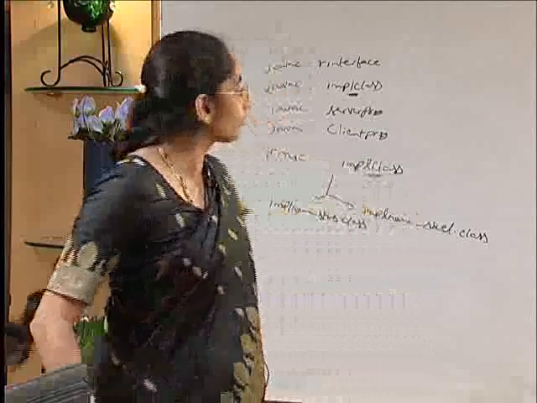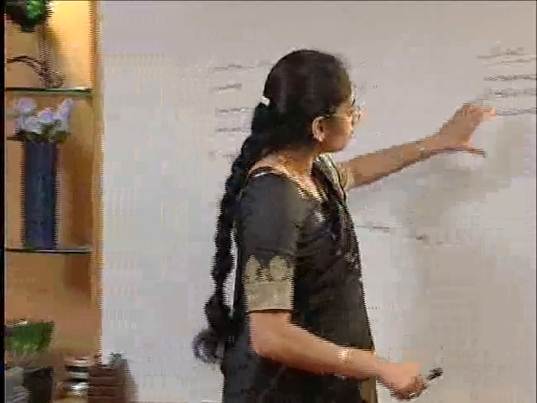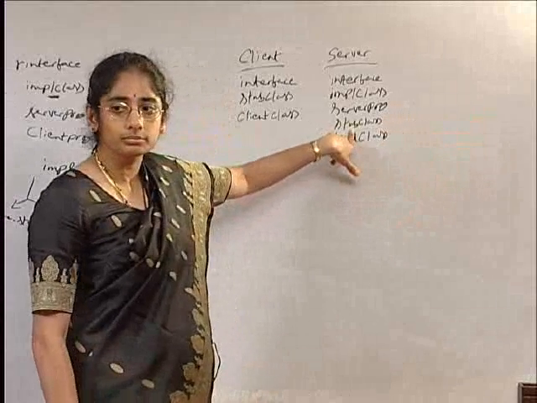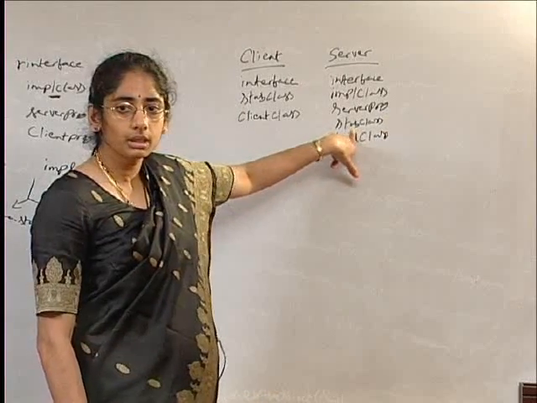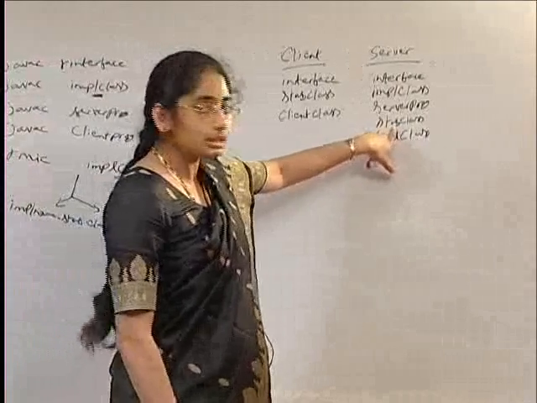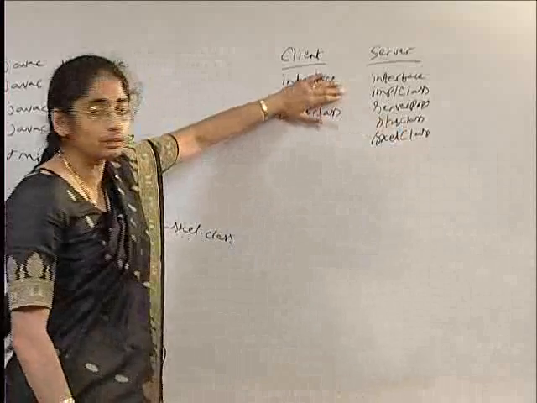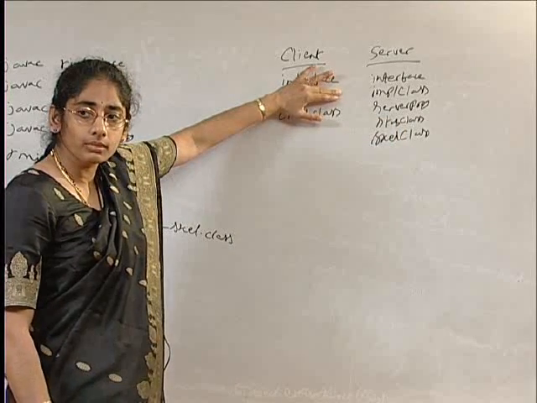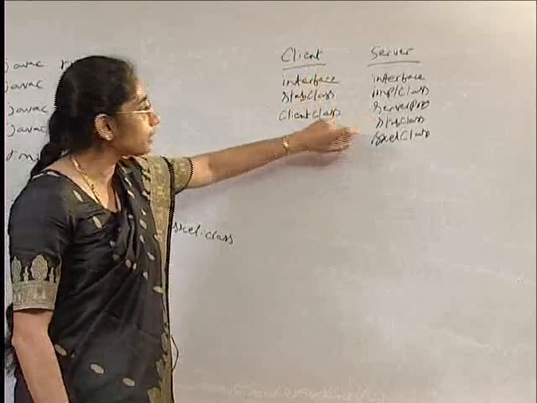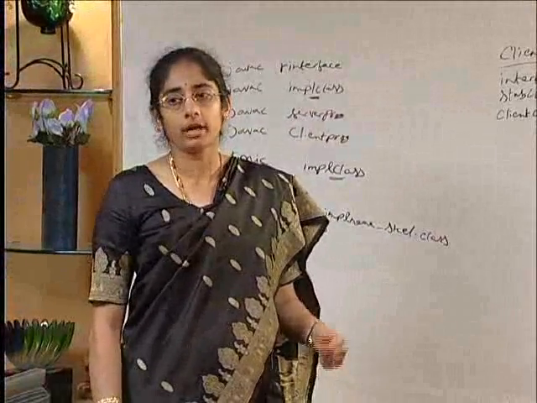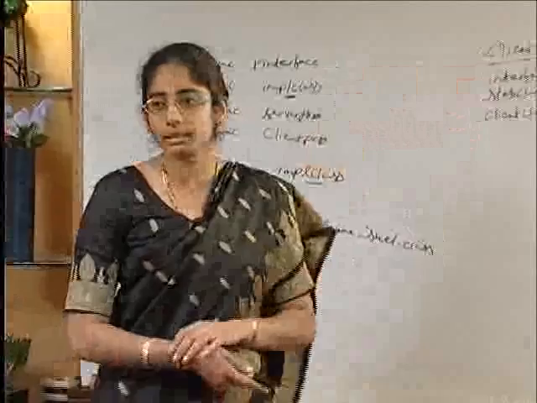So, for the server side, why do we have a stub class? Because I can dynamically download the stub. I need not keep the stub class on the client. In that case, I require the stub class to be downloaded, so I need to have it at the server, right?